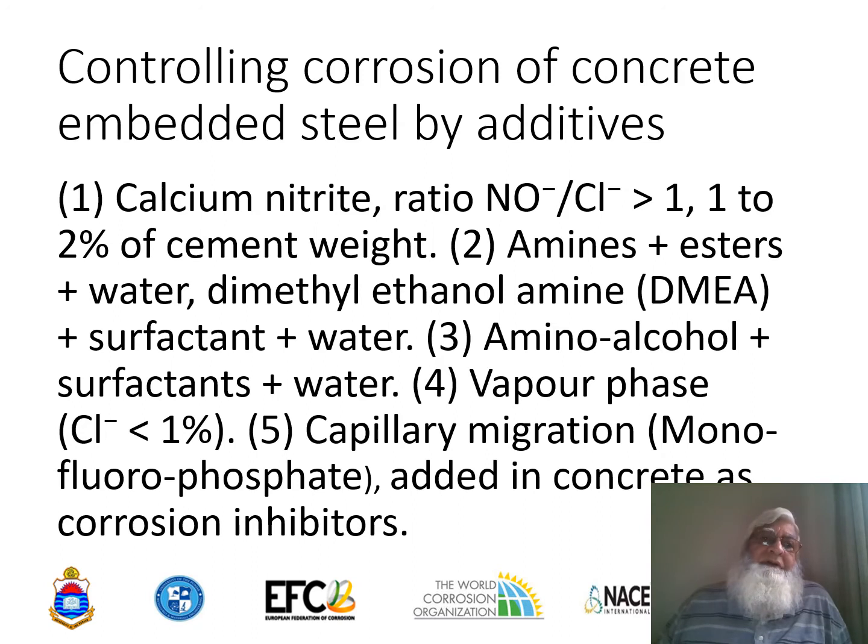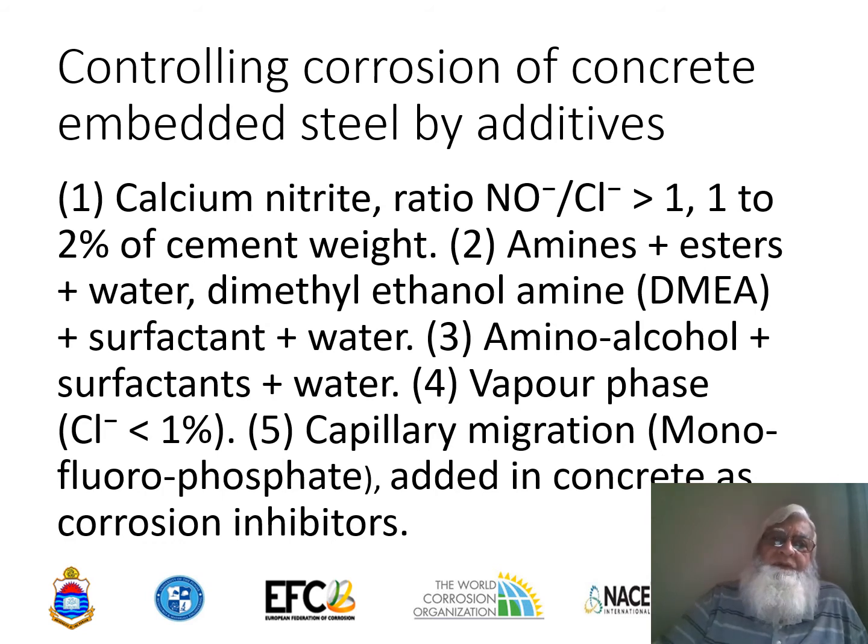Controlling corrosion of concrete embedded steel by additives. These additives are commonly called corrosion inhibitors, and the most common of them is calcium nitrite, and it's generally added as 1 to 2% of the cement weight. But the most important thing is the ratio of the nitrite to chloride.